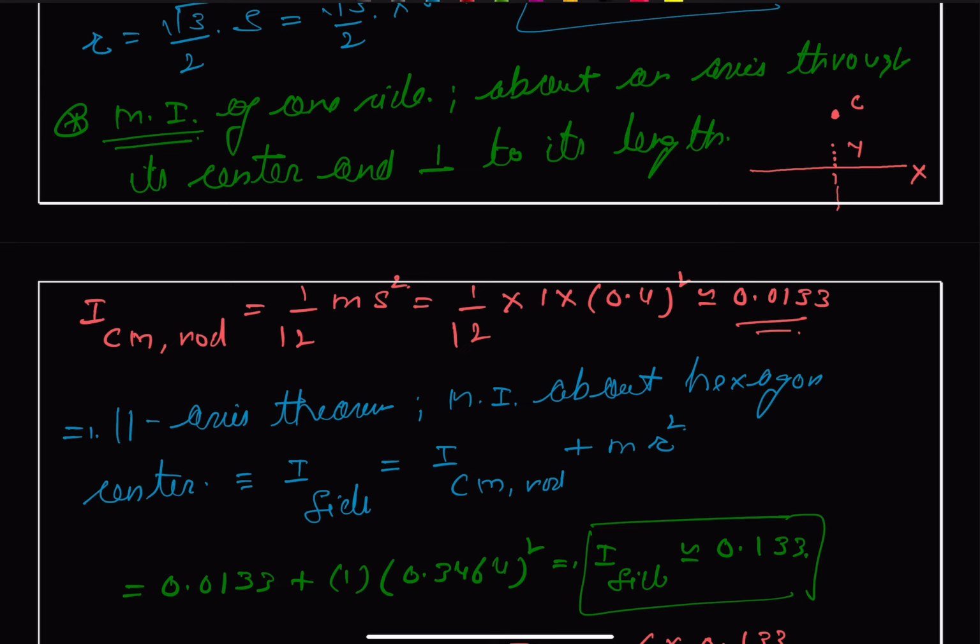Okay, there was some representation problem, so we can just draw it as a cross. Okay, and here also we can represent it as a cross. Cross or dot, basically it is perpendicular to the plane. So both the axes which are passing through C as well as y are parallel with each other. Y is perpendicular to x-axis, which we have used with respect to our center of mass.